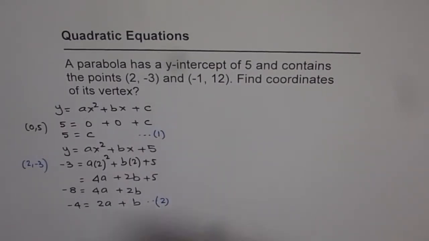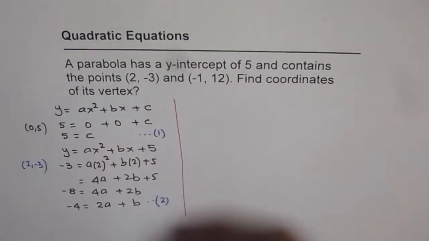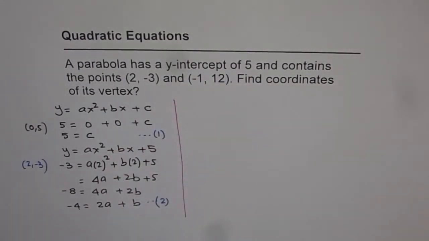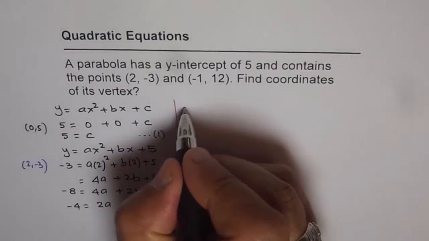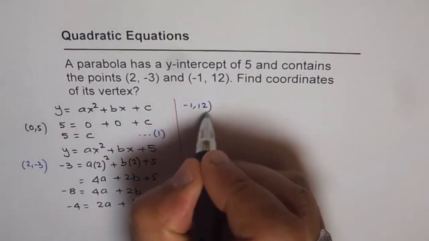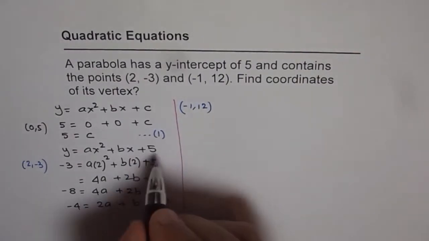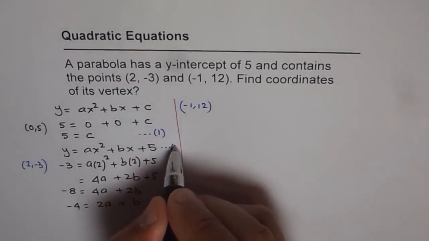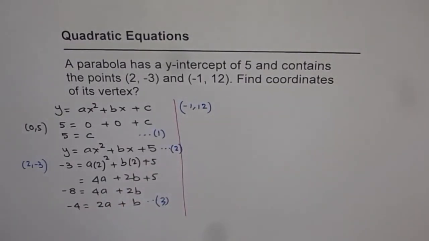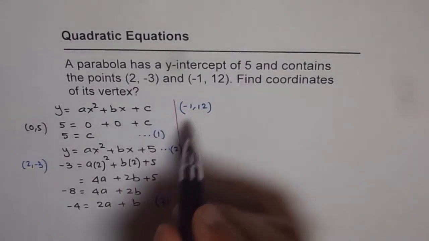Now let's substitute the third point, which is (-1, 12). Let me call the previous one equation 2 and this one equation 3. We substitute -1 for x and 12 for y.